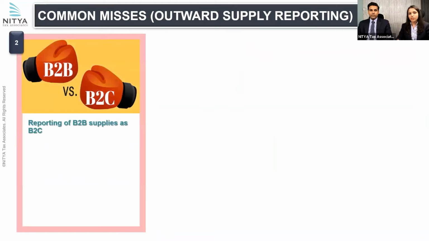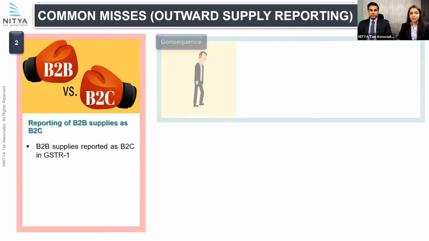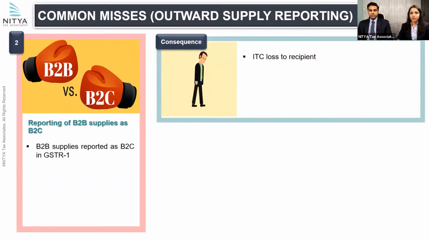Moving forward to another common miss on the outward supply is reporting of the B2B supplies as B2C supplies. So this can lead to a few consequences such as ITC loss to the recipient because the B2B supplies are reported on an invoice-wise basis.